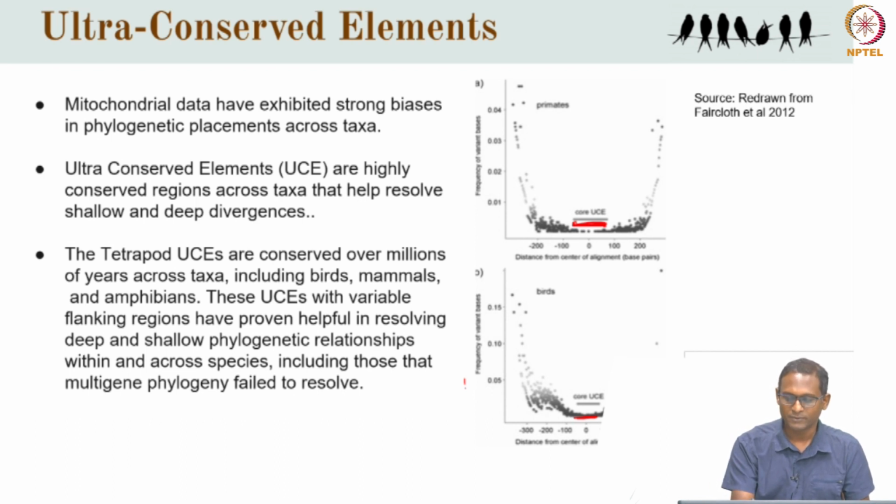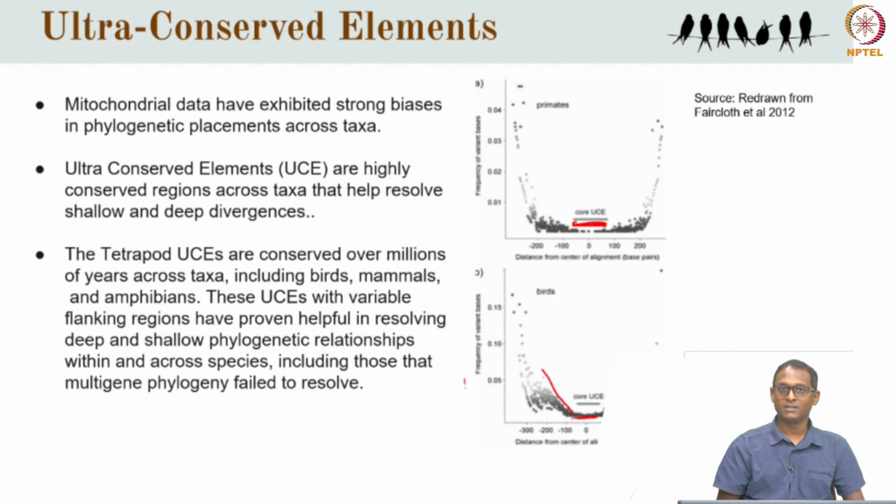But as you go away from the core, the variability increases. The number of variant bases increases, which means that you get more and more SNPs as you go further away. And this is the idea that people have used to understand relationships between different birds.